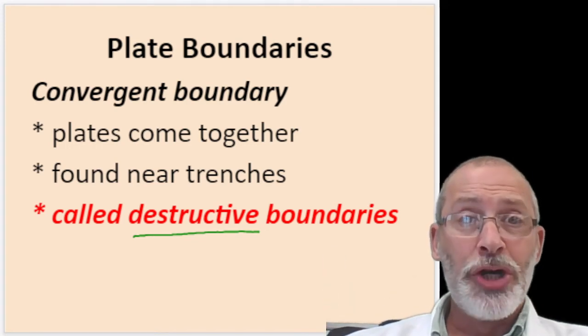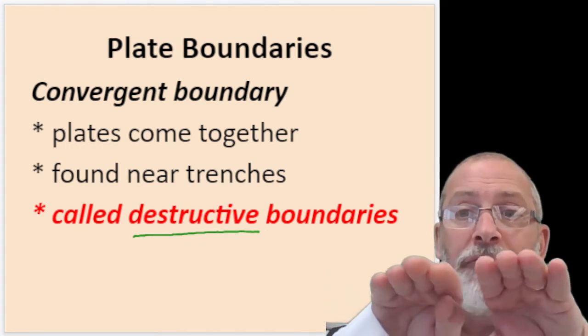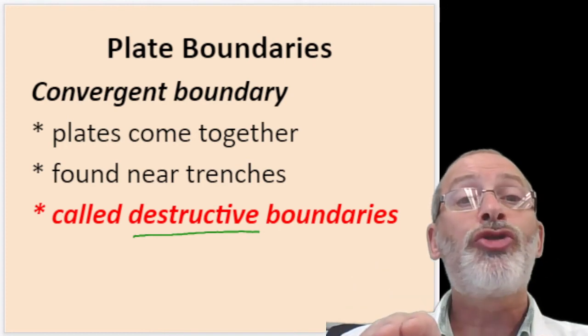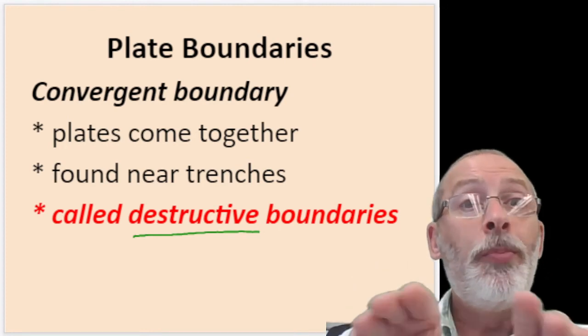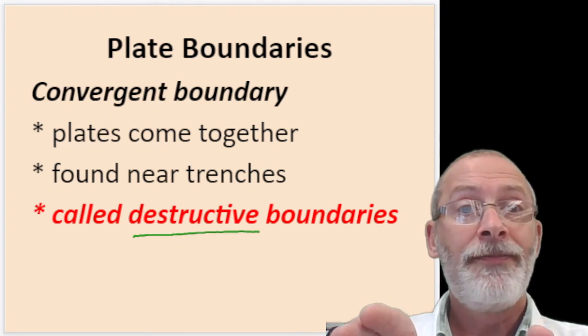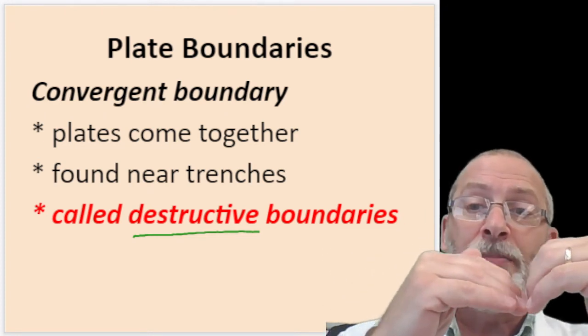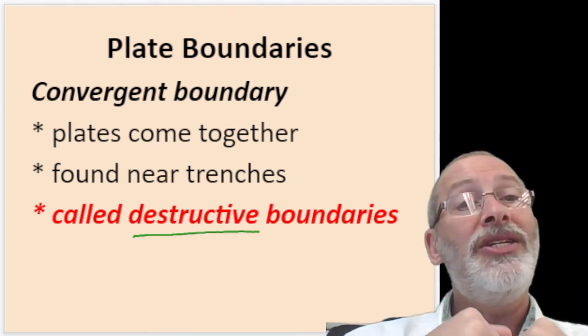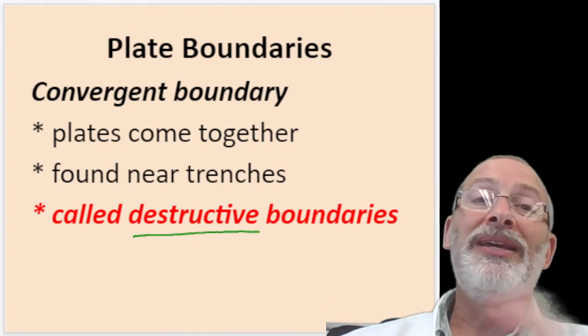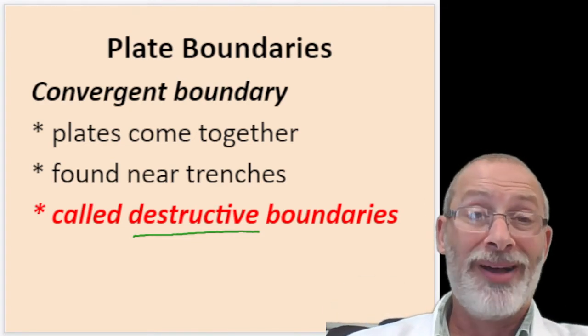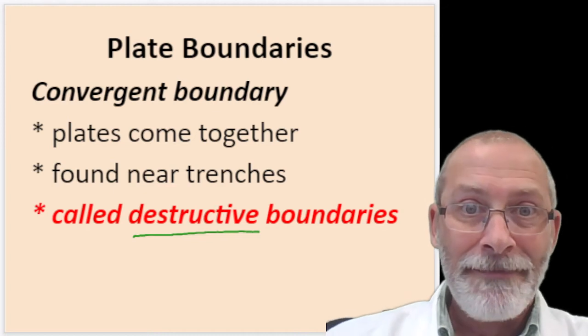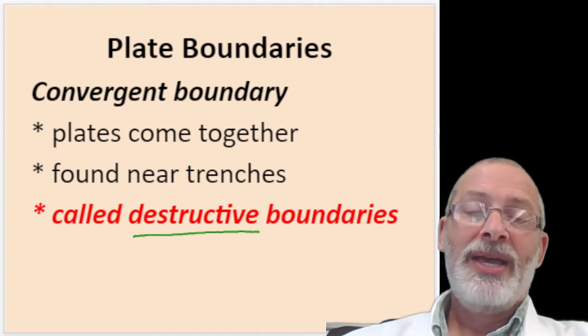Just like divergent boundaries that move apart from one another are called constructive because new plate material is being formed, convergent plate boundaries are called destructive because plate material is being, well, destroyed. There's less of it.